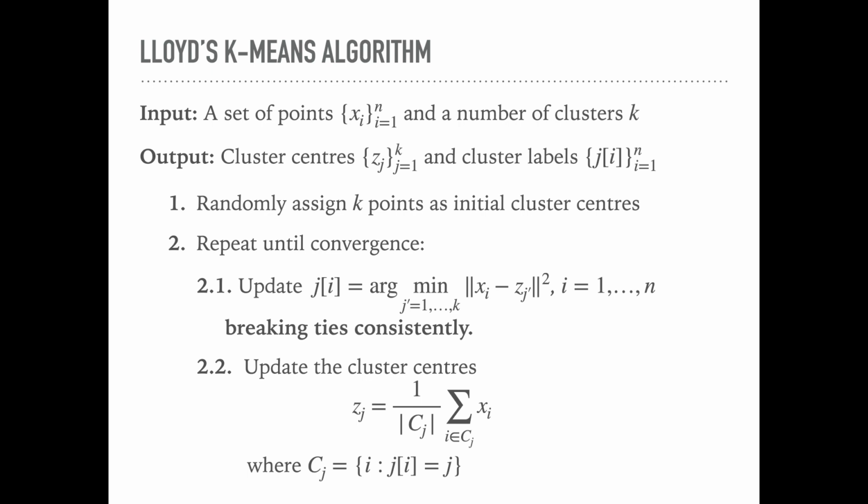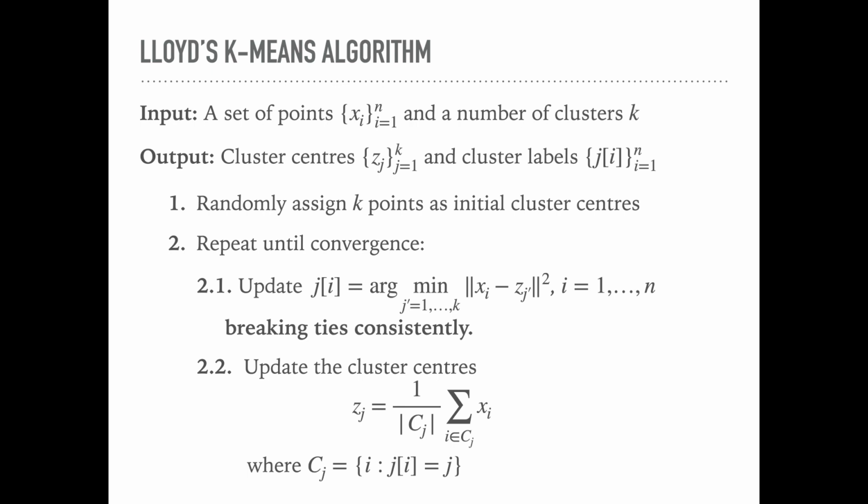But now that we've done that, we've got a new set of cluster centers. And it will not necessarily be true that every point is assigned to the correct cluster with these new cluster centers. And so we have to go back to step 2.1 and recompute all of the cluster assignments to make sure that each point is still as close as it can be to its cluster center.